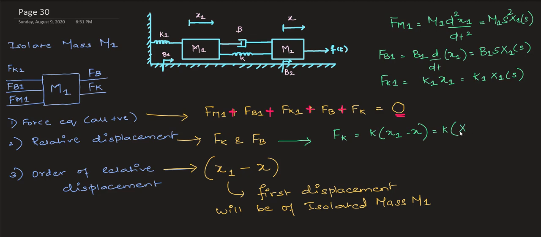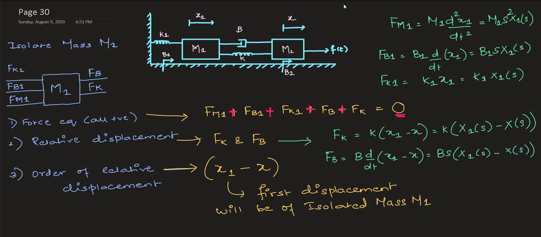Now for the relative displacement forces F_k and F_b, the equivalent Laplace transform is k into X1 of s minus X of s, plus b into dx1 minus dx. Good, so that is going to be b s into X1 of s minus X of s.